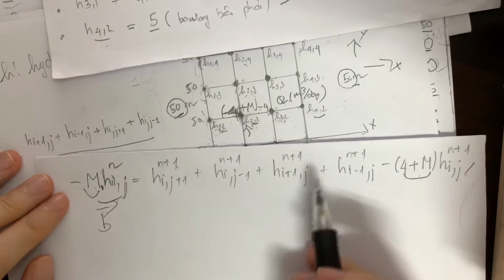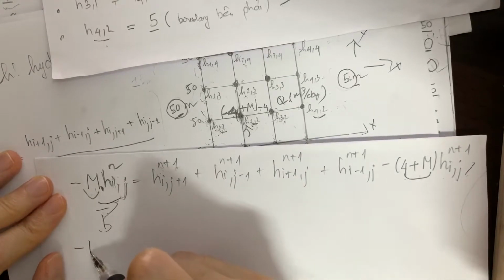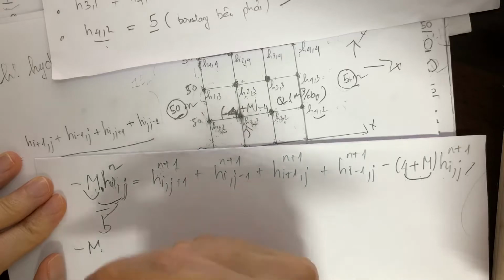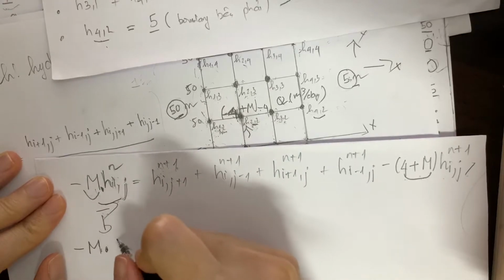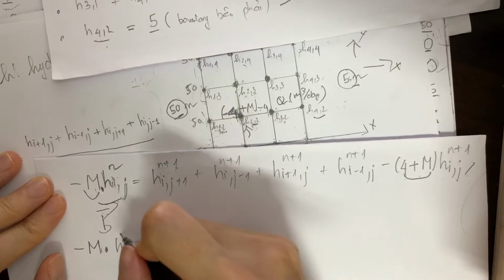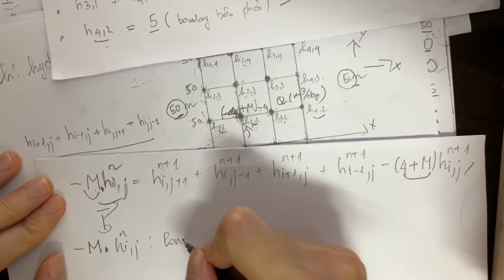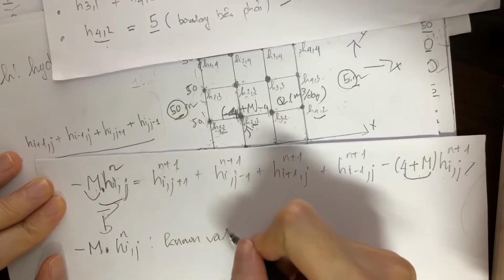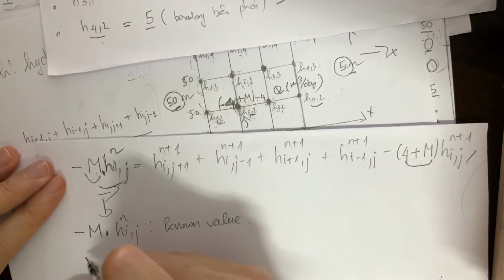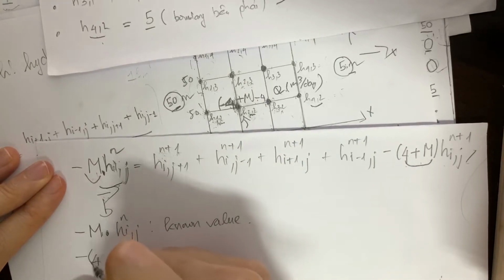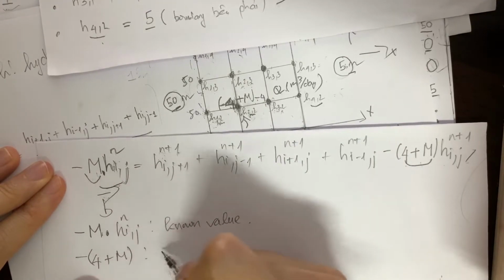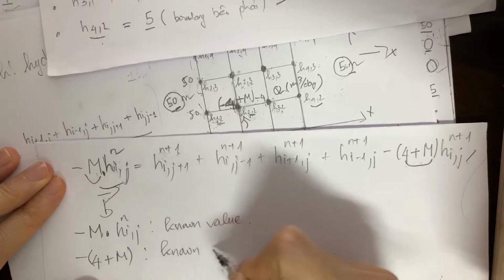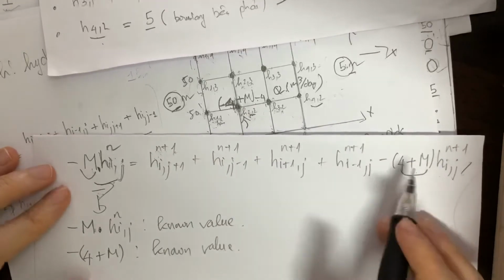So in these situations, minus m multiplied with s i j of n is the known value, and minus 4 plus m is also a known value.